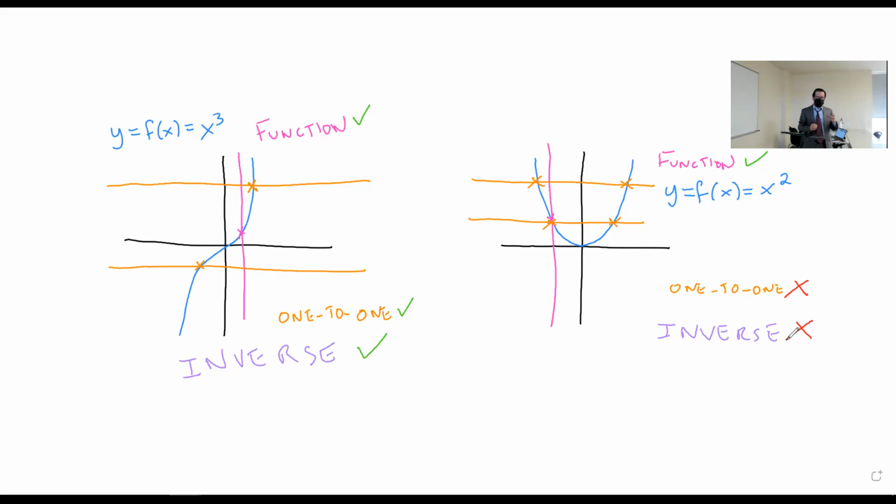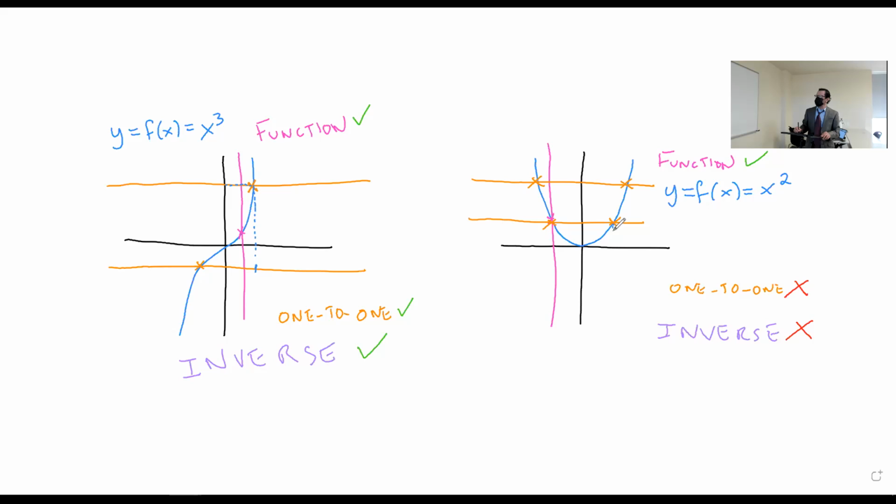And so what characteristics are there for a one-to-one function? In the case of the one-to-one function, notice that for any value of x, there is only one value of y. In this function of x to the 3, if I grab any value of x, let's say this value here, there is only going to be one value of y for this function.